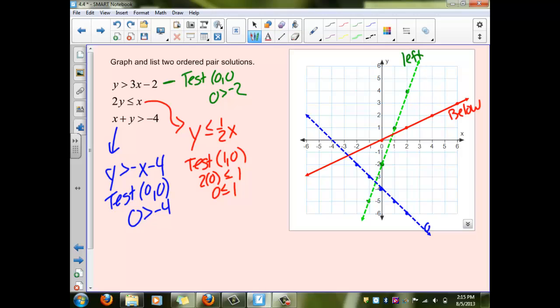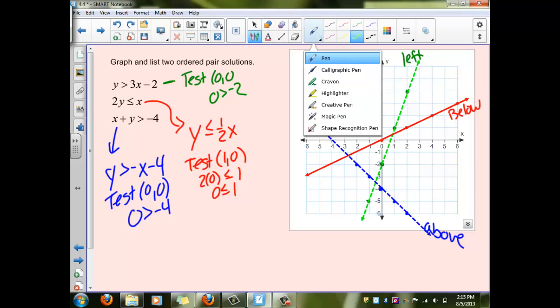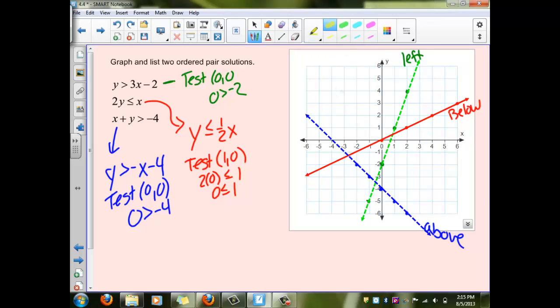So we want above. So once again, the area that we're going to have all of these is this little triangle in here. And so, two solutions could be 0, 0 for one of them. And we could have negative 1, negative 1.